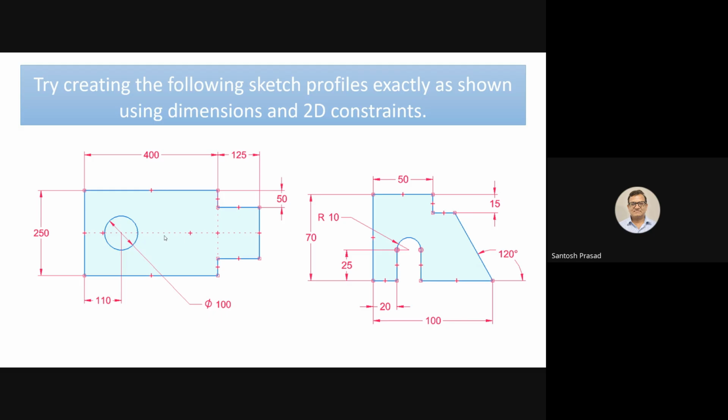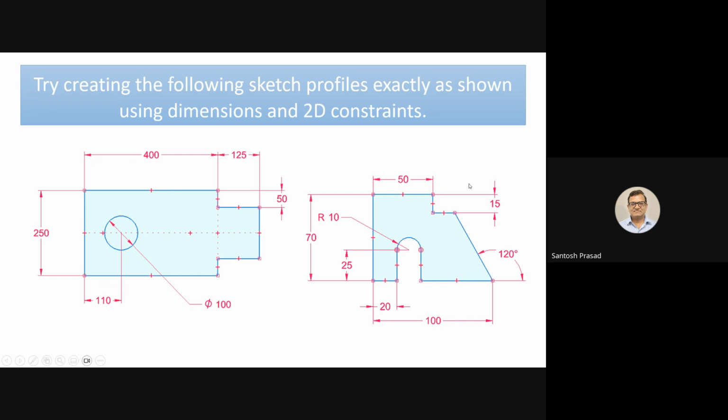Then only can you say that when moving one circle, the second also moves along with it, because the relationship is concentric. So the intent is followed: the intent was that when I move one circle, the second circle should always move. That intent has to be followed, otherwise there is a problem with the sketch.